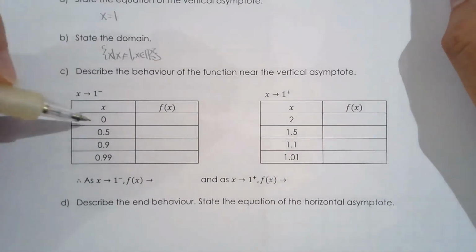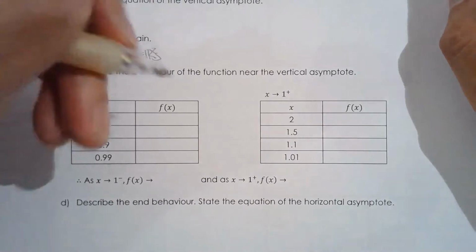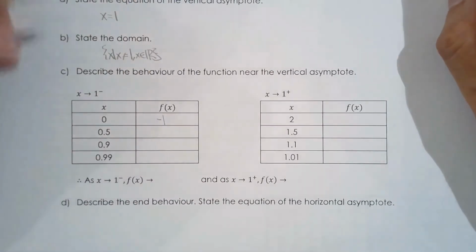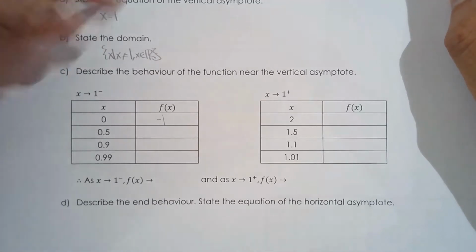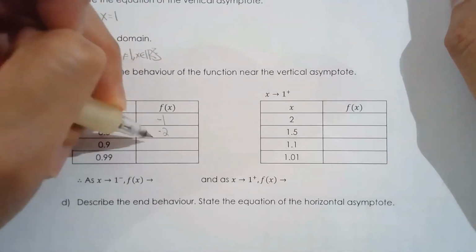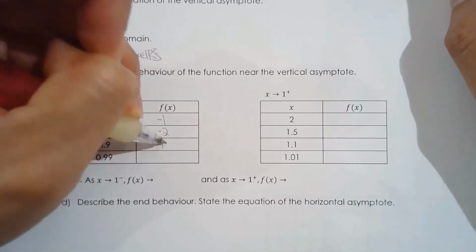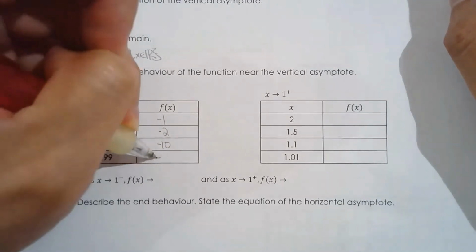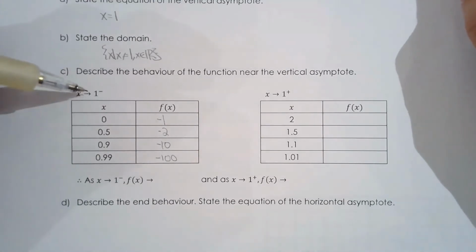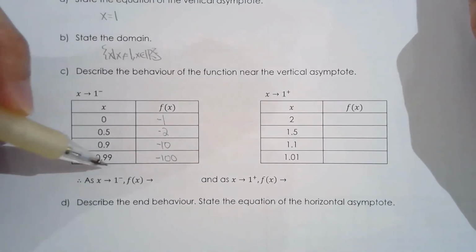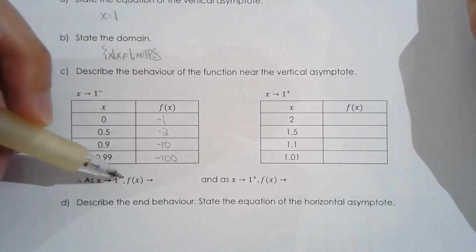All right, so I'm going to sub in these values. So 0 gives negative 1, 1/2 gives negative 2, 0.9 gives negative 10, 0.99 gives negative 100. You can keep getting closer and closer, 0.999, 0.99999, and so forth.